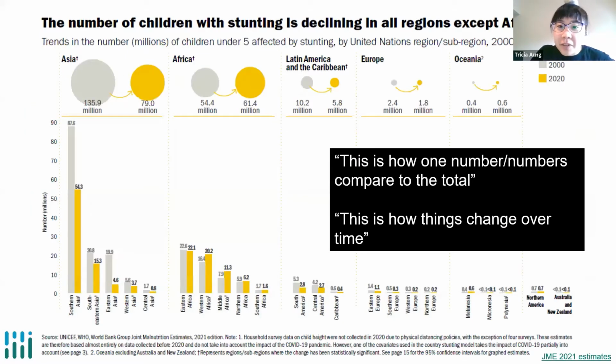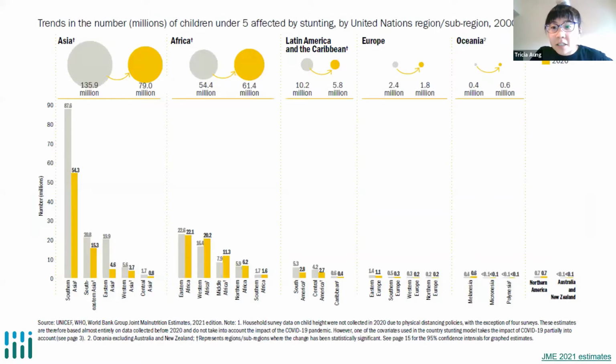What I want to show you is the actual graph from the JME report. The number of children with stunting is declining in all regions except Africa. So that was their key message. And why I wanted to share this with you, I fooled you and took away the title, their key message, is that based on one specific graph, people can take away many different things.